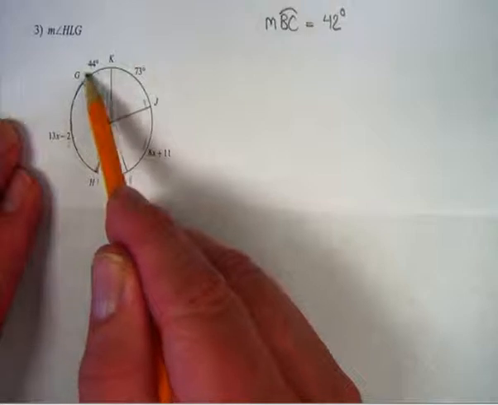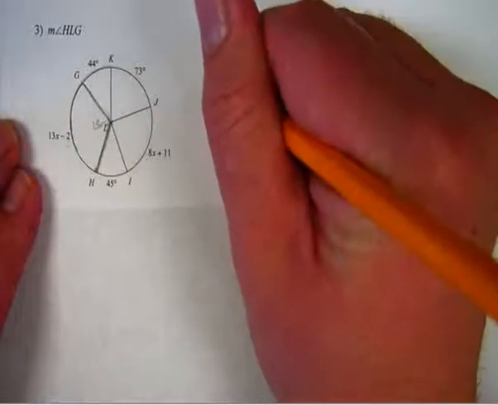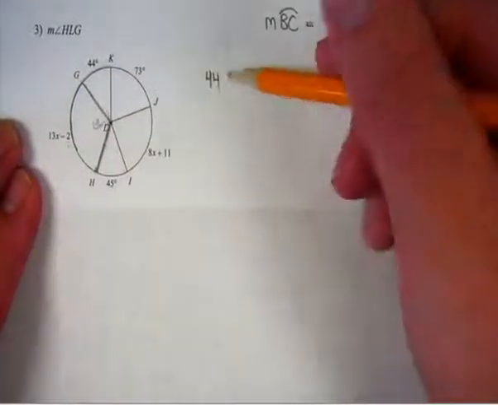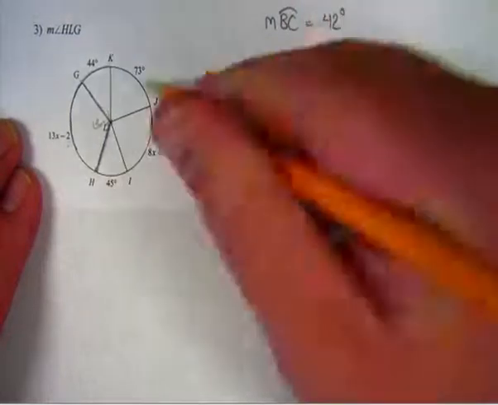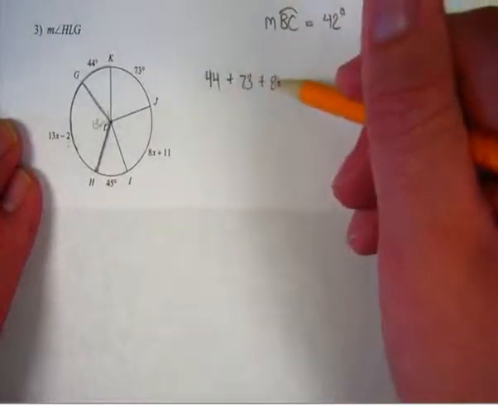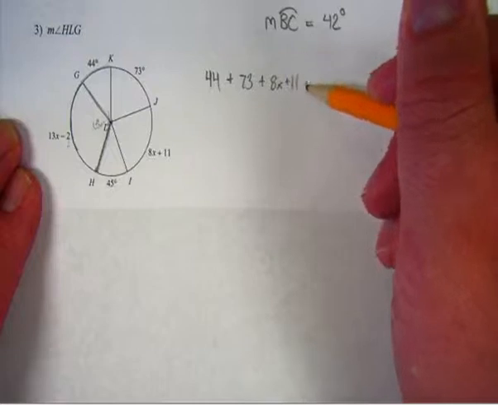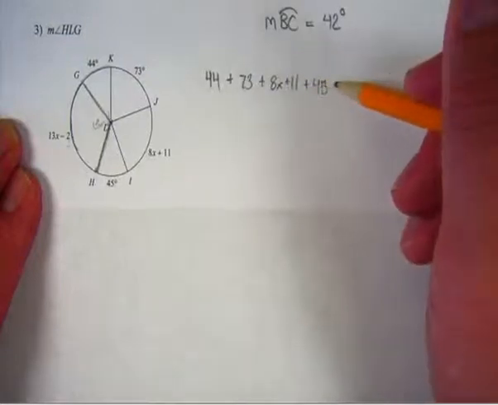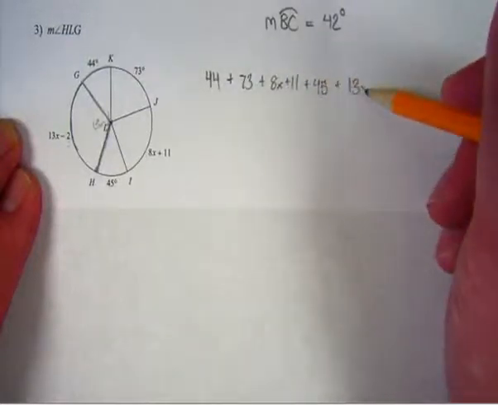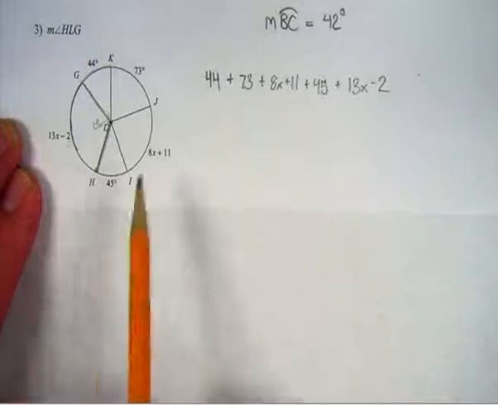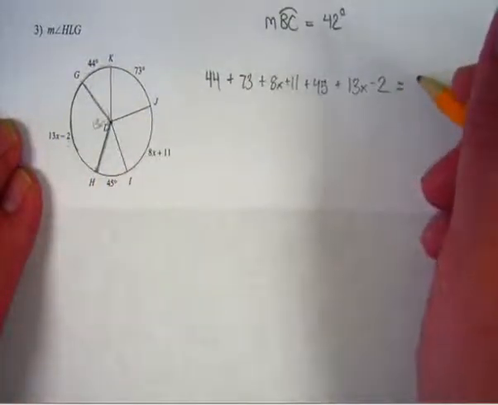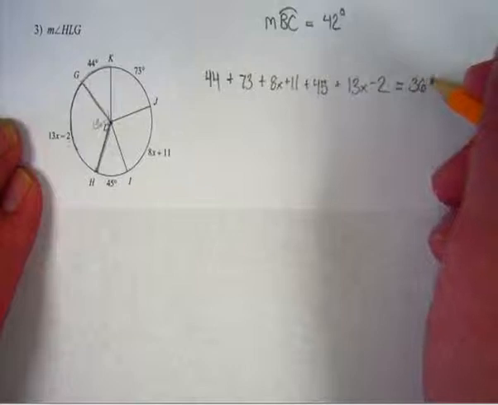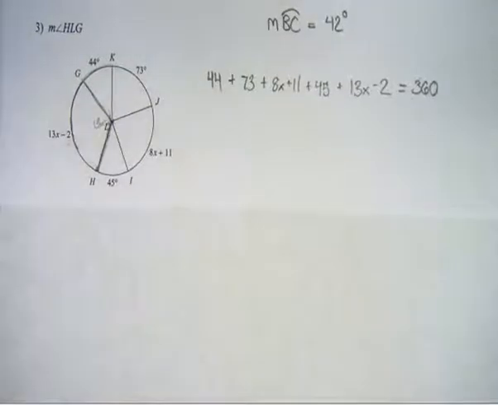So let's start with arc GK is 44 degrees plus arc KG 73, and notice I'm just going around, plus 8x plus 11 plus 45 plus 13x minus 2, and now I'm all the way back around. So if I add up all of those arc lengths, the total arc length in a circle is 360.